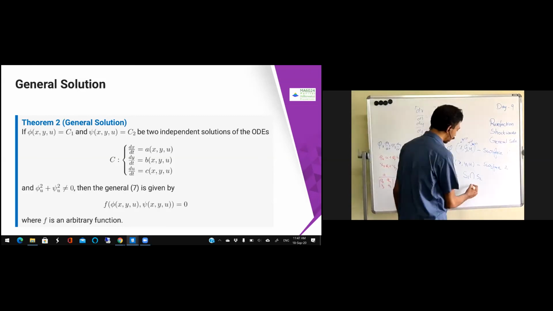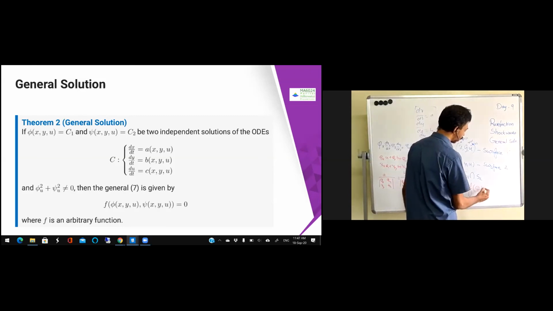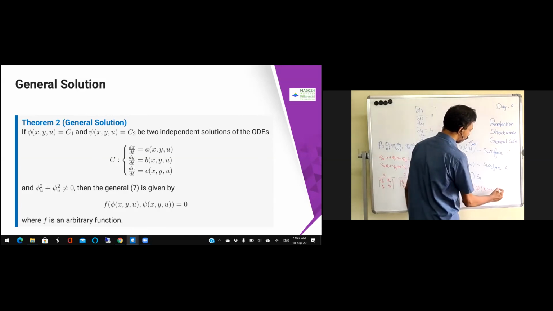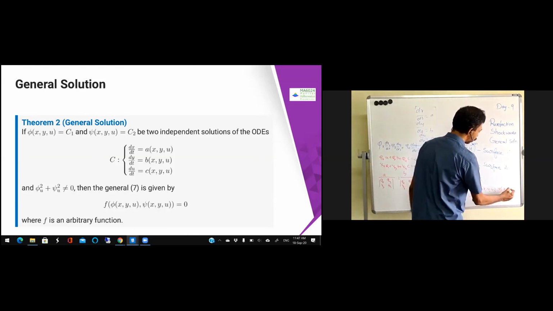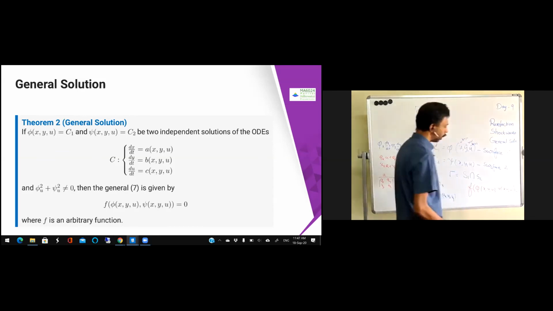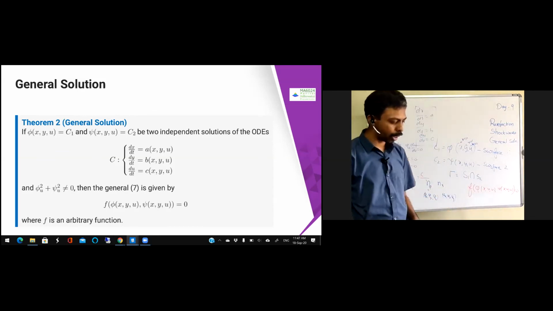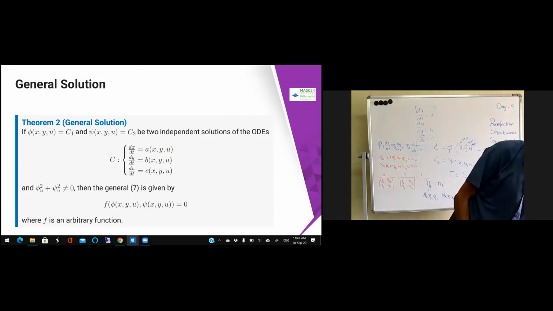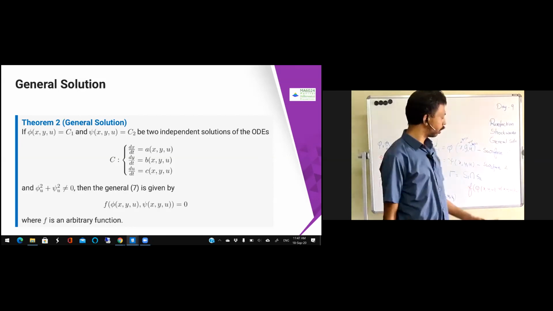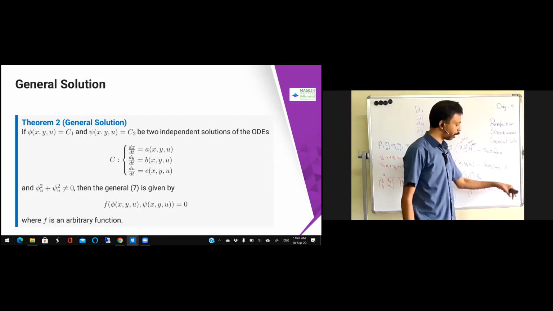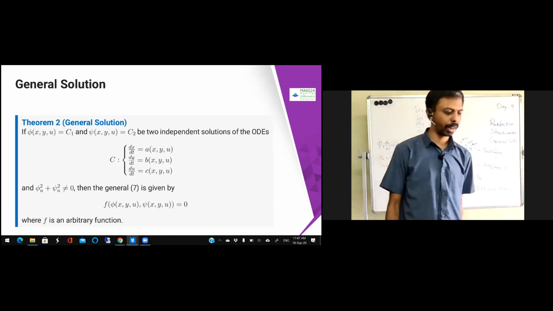f of pi of x comma y comma u and psi of x comma y comma u equal to 0. You will write the general solution as a function of two different first integrals, where f is any function.